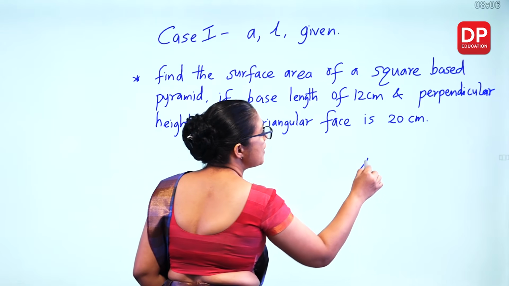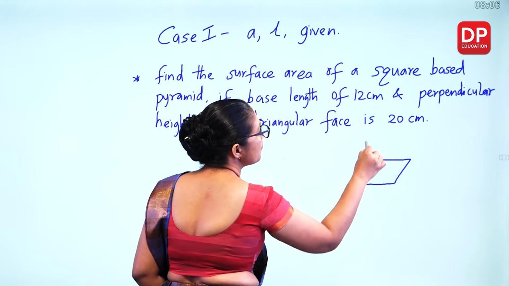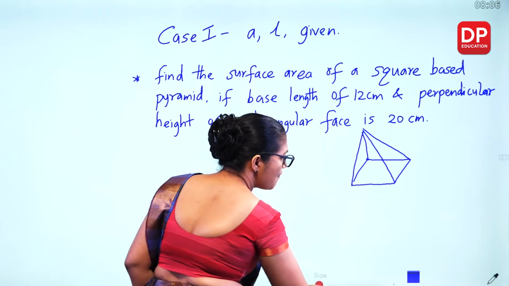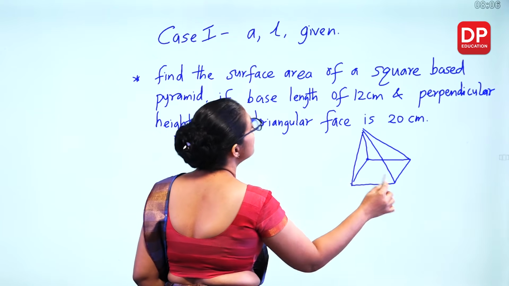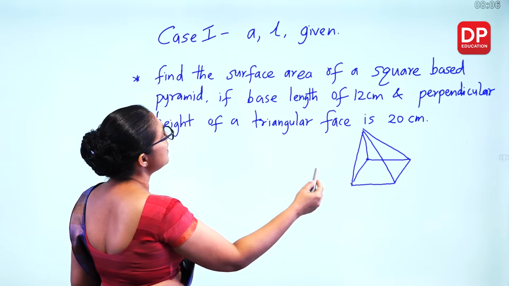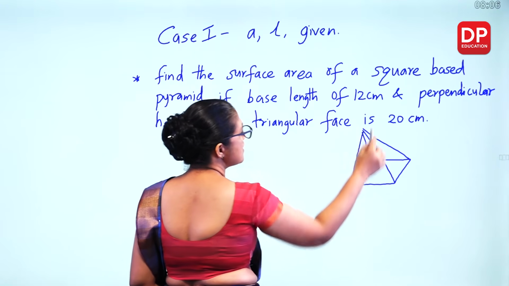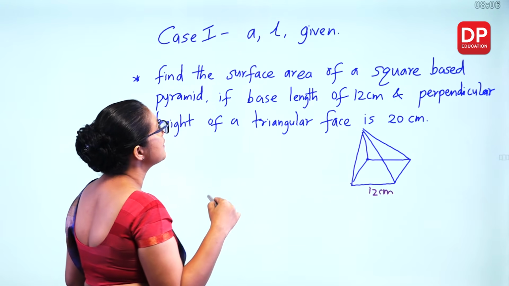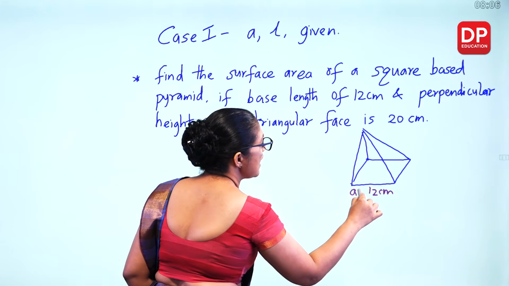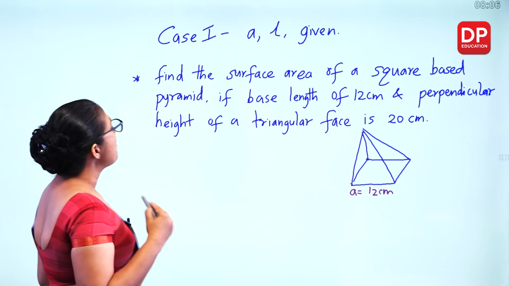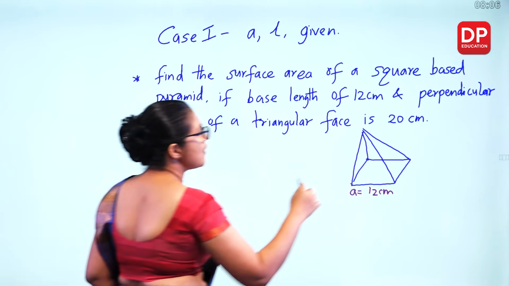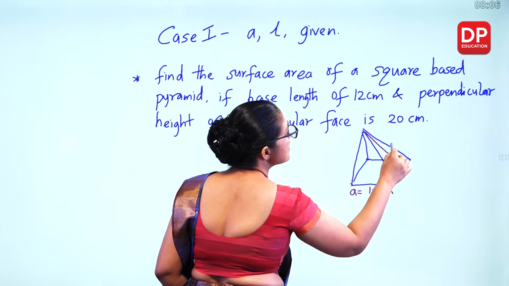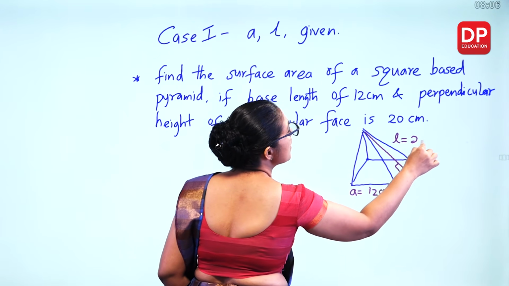When you draw the pyramid, in this case this length is given, 12 centimeters. And we'll take A. Then the perpendicular height of the triangular face, that means this one is given. That's L equals 20.